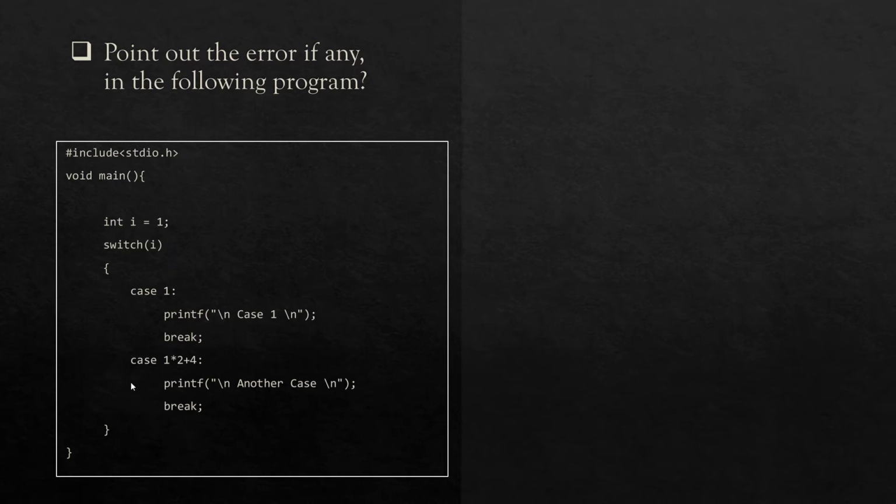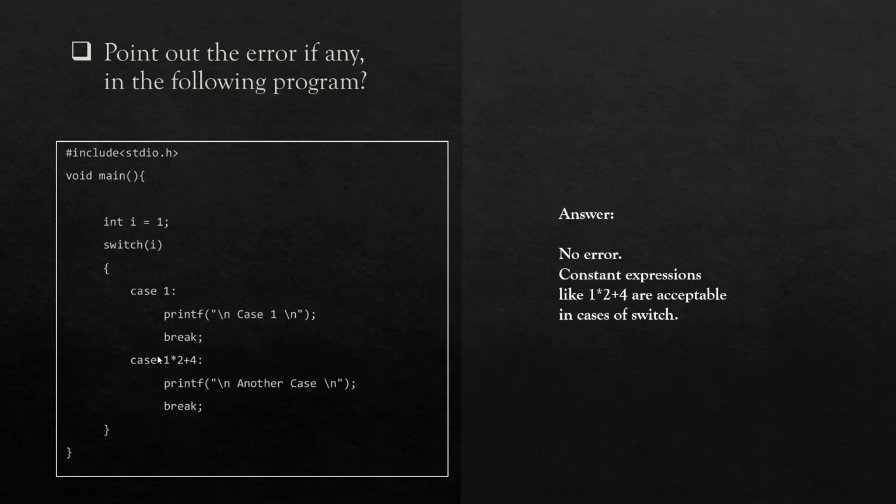Yes, we can. So the answer is that in this program there will be no error, and constant expressions like 1 * 2 + 4 are acceptable in a switch case.